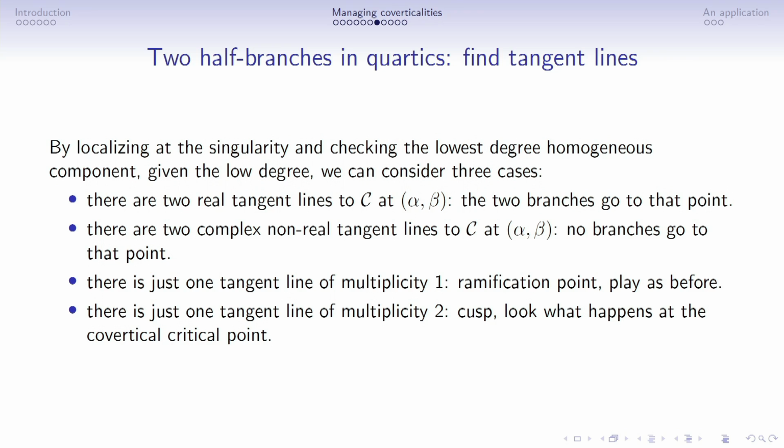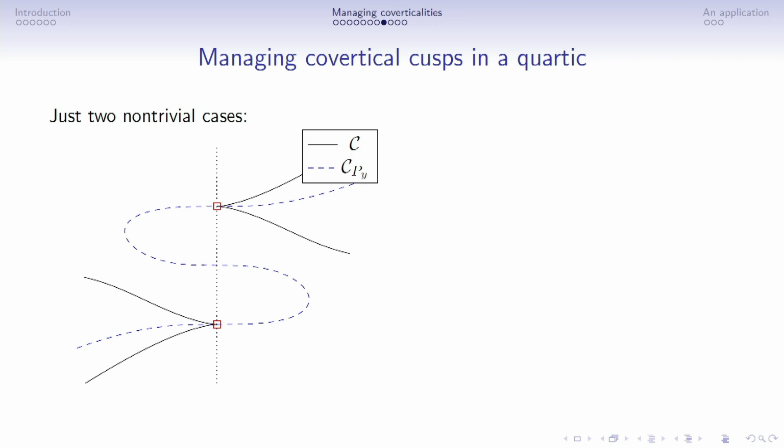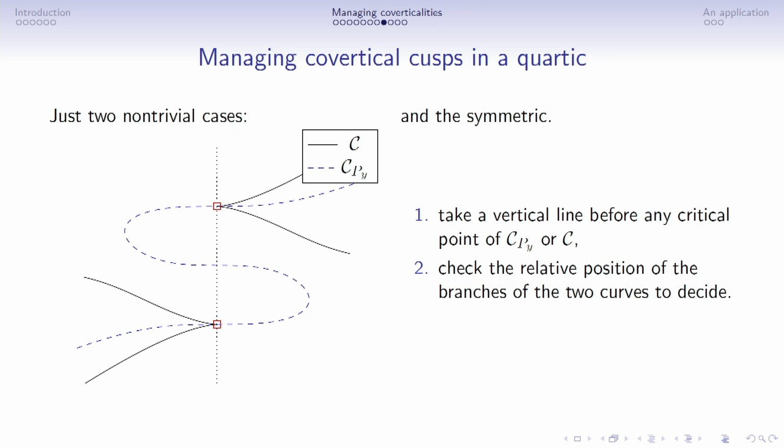The point is that I could have this evil case of 2 cusps, and the main way to proceed is just, well, move a bit, not too far from it, and find where the derivative curve is with respect to the arcs of the original curve, depending on how many branches of the blue curve I have above or below the branches of my black curve.